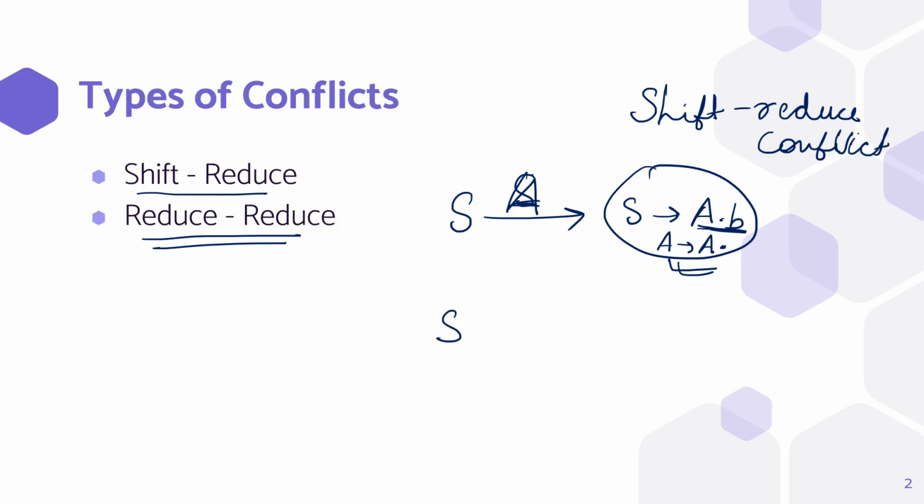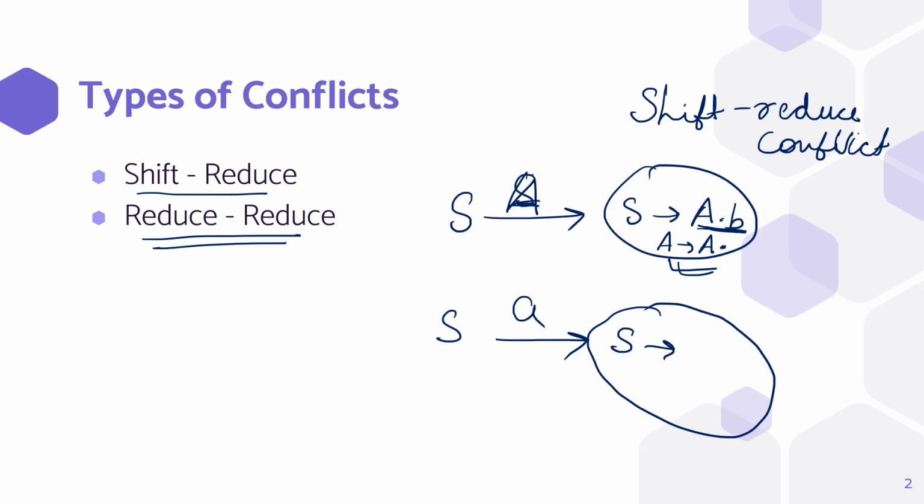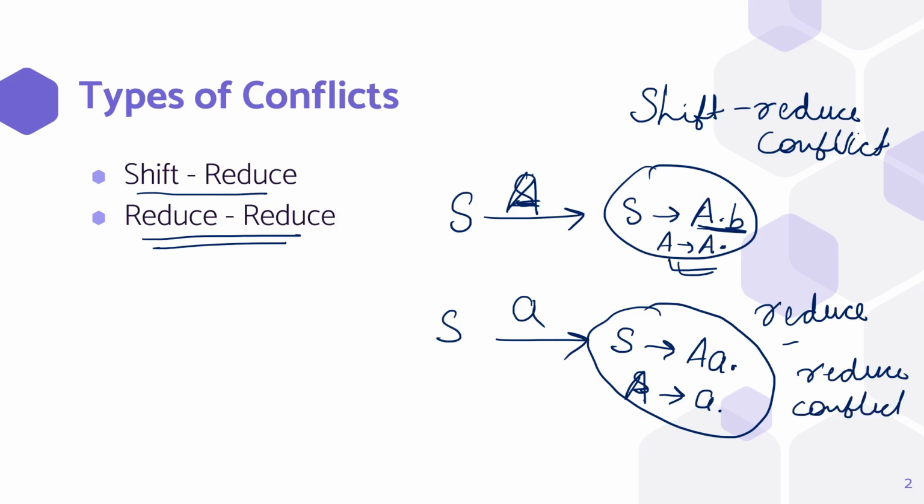If a state has two reduces, then it is called a reduce-reduce conflict. So for example, if I say it like this, you can see that two productions are getting reduced on reading small a. So we would say that this particular state has a reduce-reduce conflict because two productions are getting reduced.